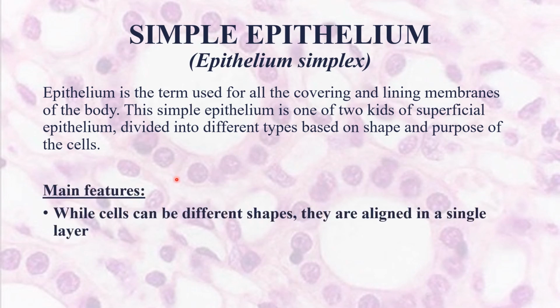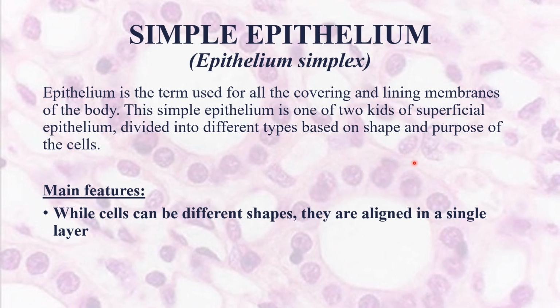But the main feature, how you can actually pick out these cells and know what you're talking about, is that while these cells are different in shapes, they are always aligned in one single layer. That means that all of these cells, which you can see right here or right here, all hit the base.